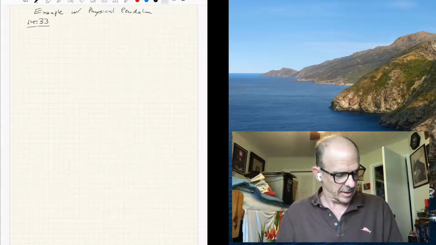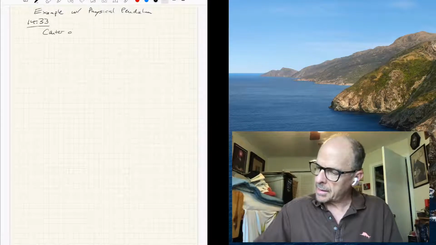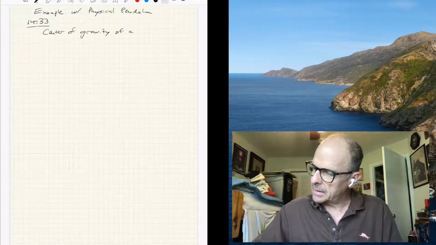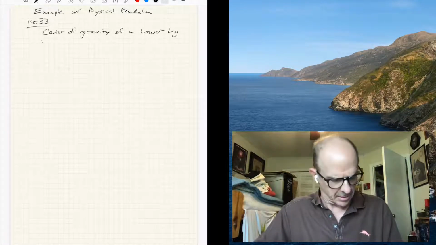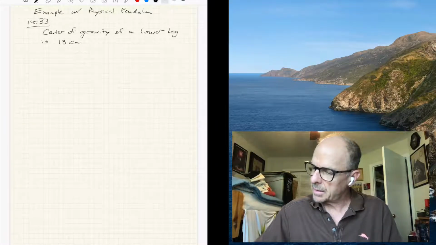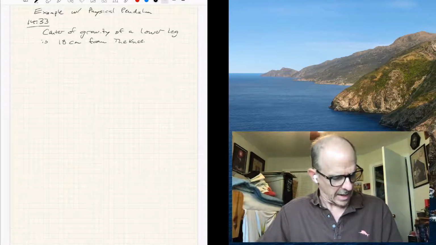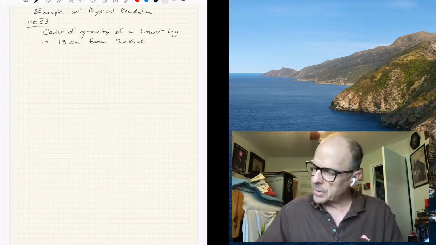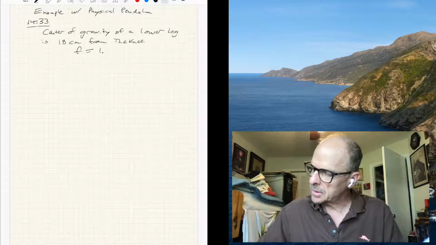So in this one, the center of gravity of a lower leg is 18 centimeters from the knee, and when allowed to swing, the frequency is 1.6 hertz.